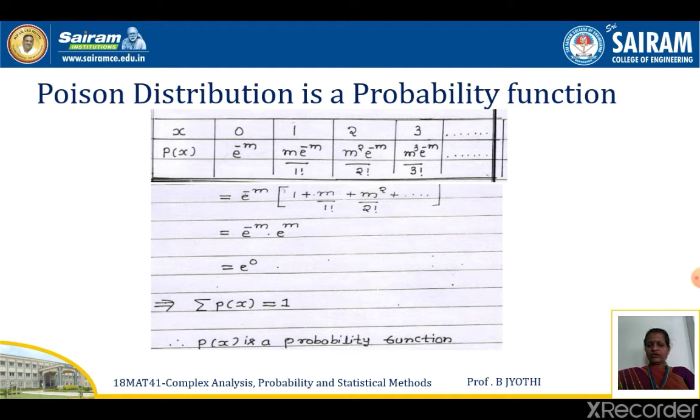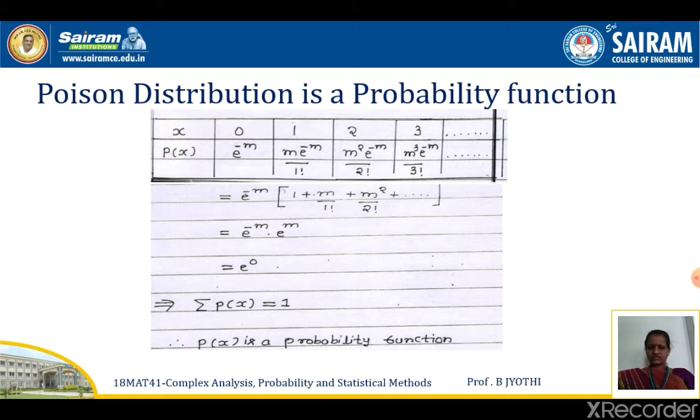Now, in tabular form, if we take x as 0, 1, 2, 3, and so on up to infinity, the corresponding p of x will be e power minus m, m into e power minus m by 1 factorial, m square e power minus m by 2 factorial, m cube e power minus m by 3 factorial, and so on.